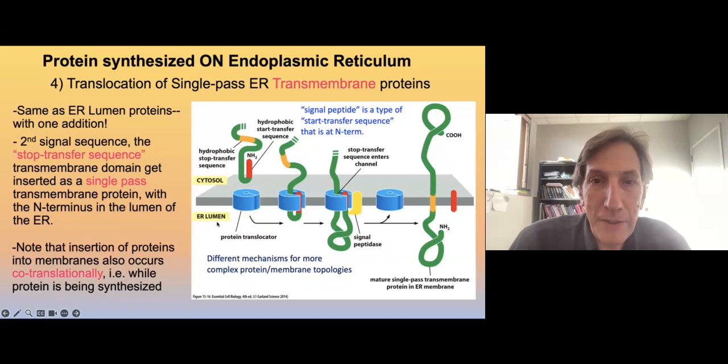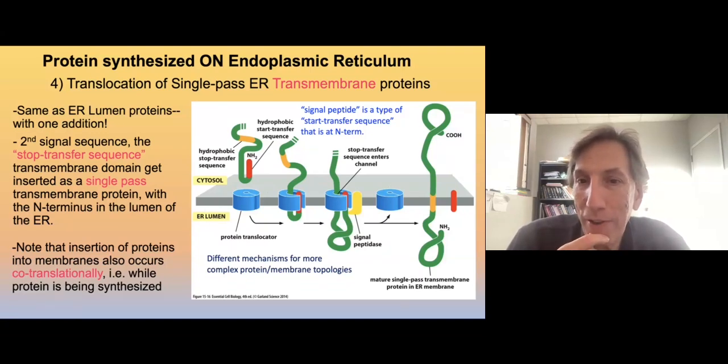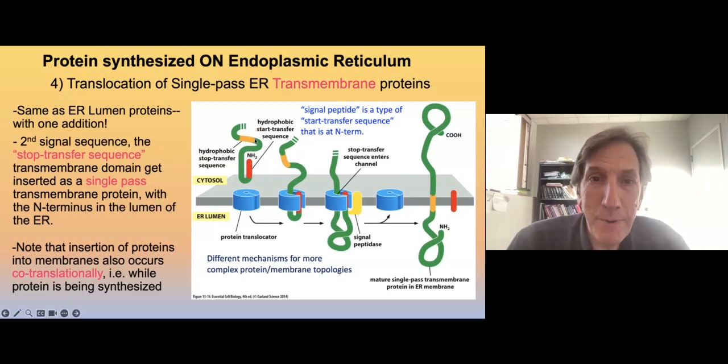We talked about how the same enzymes are used for both, but what's different is that for a single pass transmembrane protein, in addition to having a signal peptide, which is a type of start transfer sequence, you also have a stop transfer sequence shown here in orange.